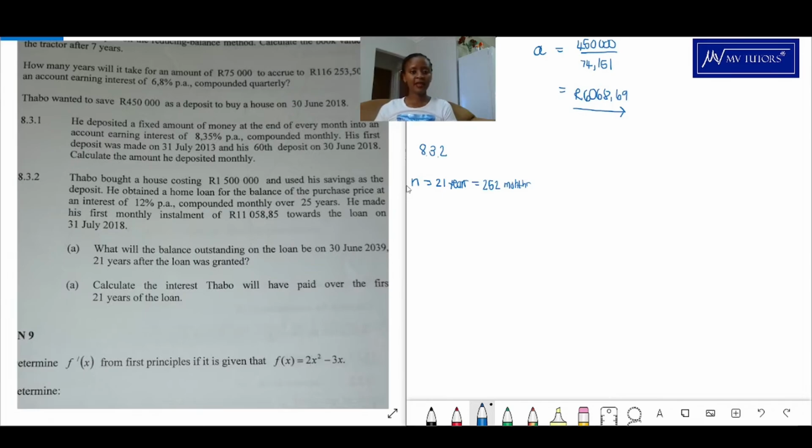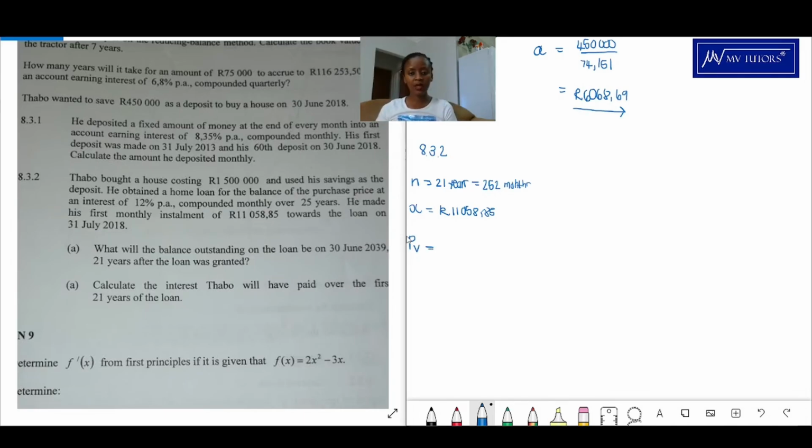And then his monthly installment is 11,058.85. Also, what else did they give us? We need to know the present value. So what will be the loan amount?